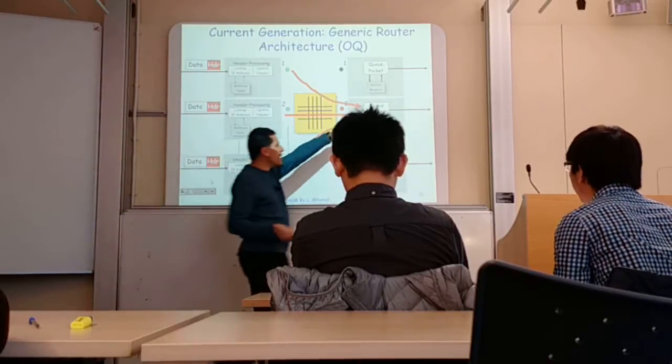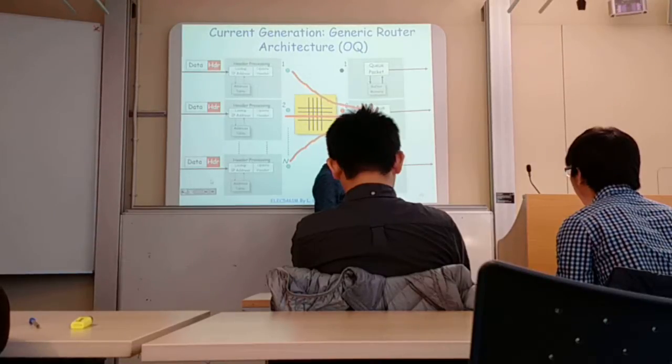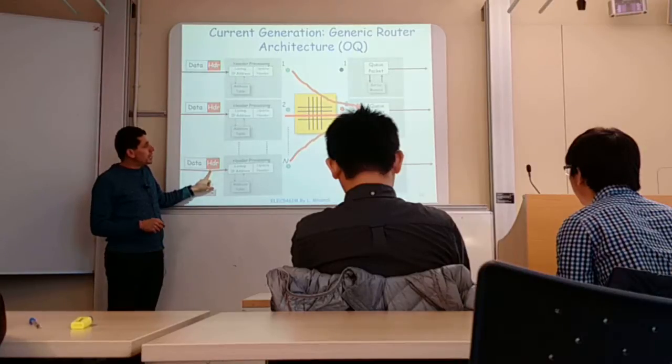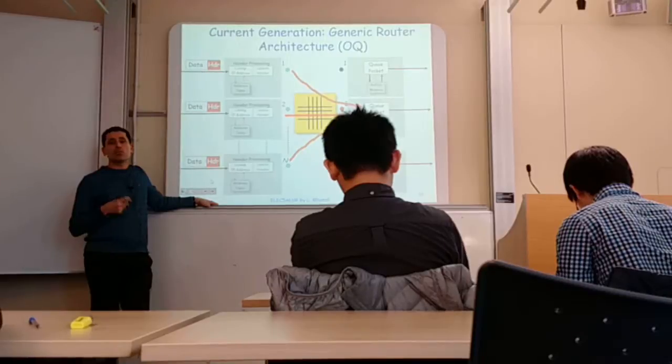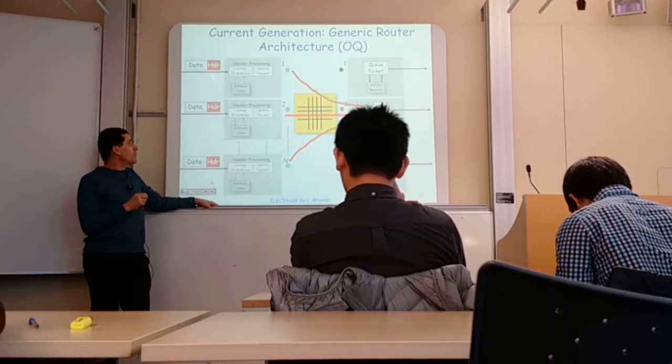Which means this memory must be able to absorb the traffic at the line speed. If, as I said before, they have a certain line speed, this memory should be able to absorb them at that same line speed, which means it must have a bandwidth of the summation of the link rates.